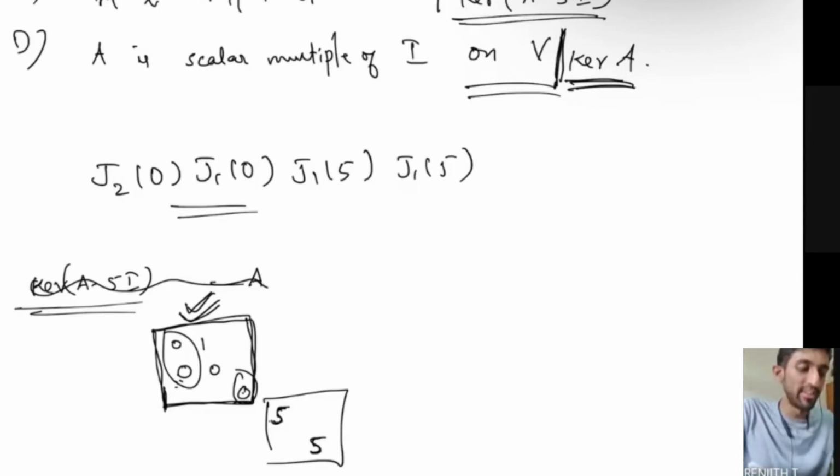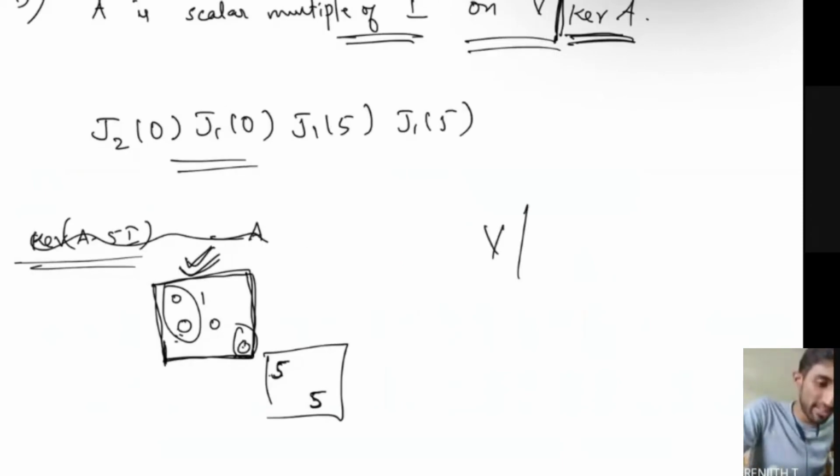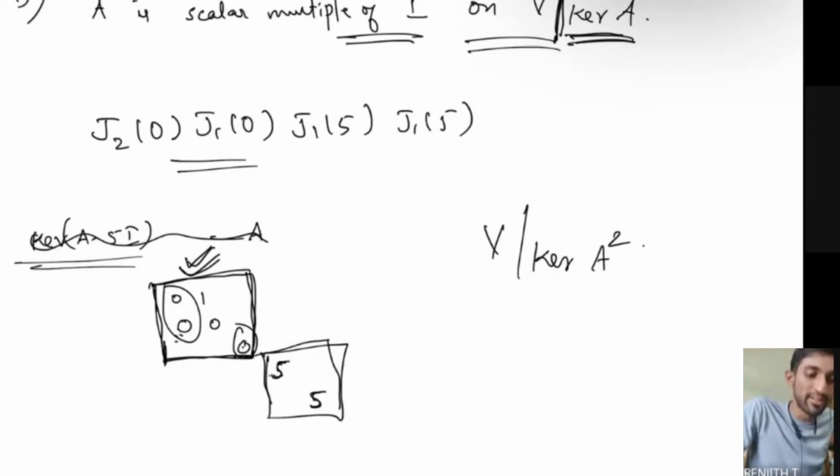So it cannot be a scalar multiple of I on V restricted to kernel A. It will be if it is V restricted to kernel of A square, because then we are removing the whole part and only dealing with the 5 by 5 block, which is 5 times I. But if you are just dealing with the kernel of A, then this whole part won't be removed. Only two elements will be removed because kernel of A doesn't have enough eigenvectors.